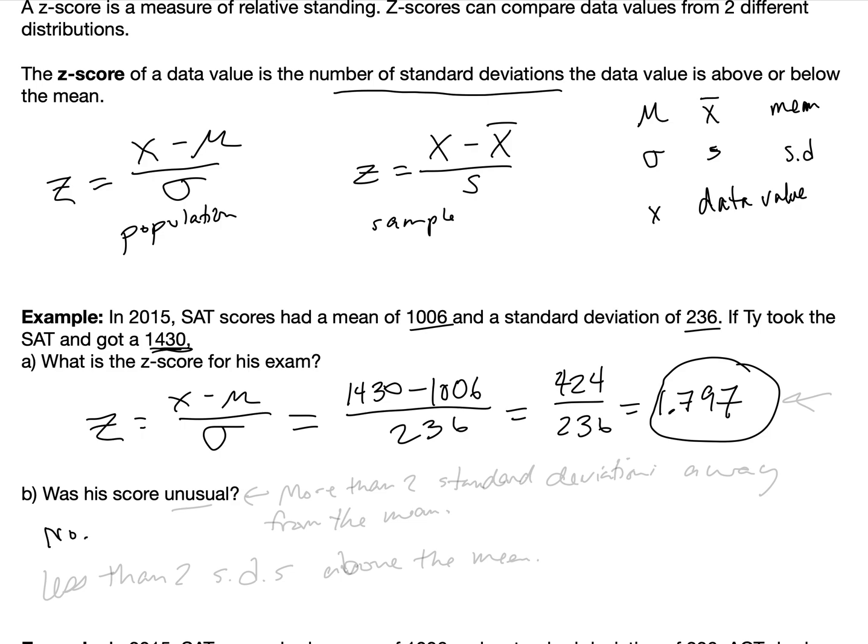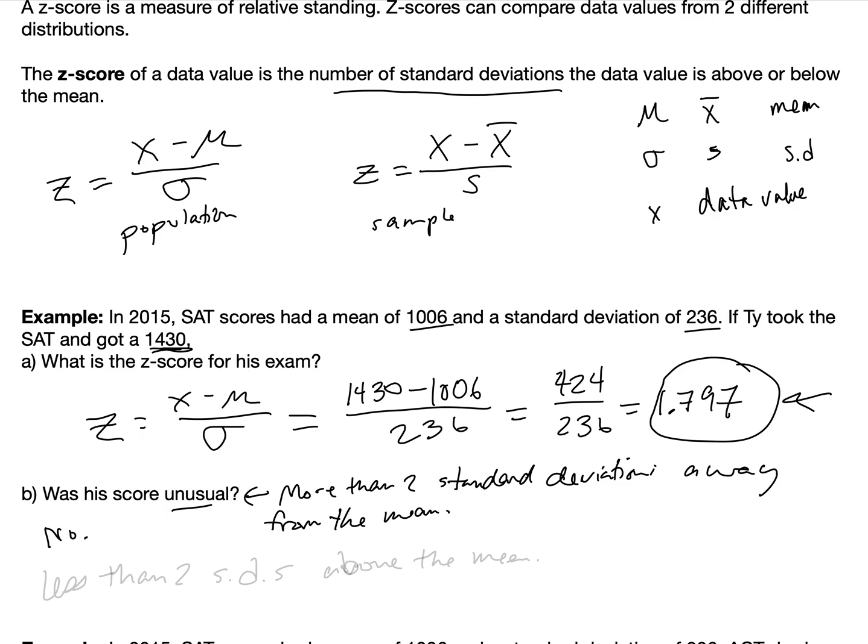No. Remember that our definition of unusual is more than 2 standard deviations away from the mean. And so this is saying that Ty's score was 1.797 standard deviations above the mean.